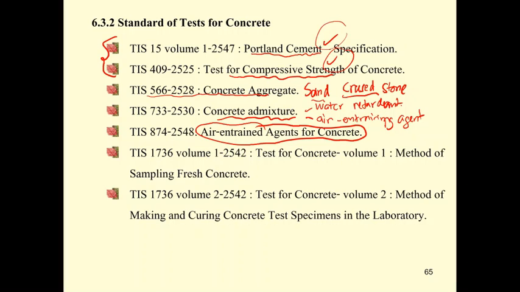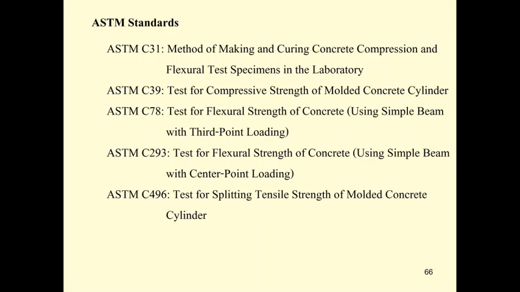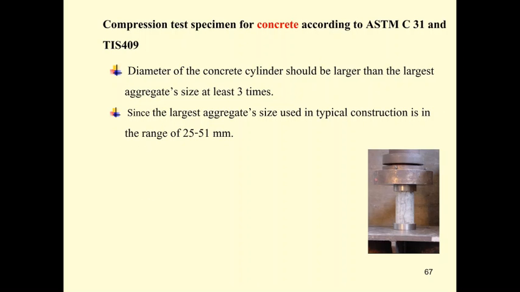There is something else that you should study with the ASTM standard here, which is the basis that the TIS, the Thai Industrial Standard, was developed from. For the compressive strength of the concrete, you must follow ASTM C31 and TIS 409. That includes the size of the specimen. The concrete specimen, usually we call it a concrete cylinder.